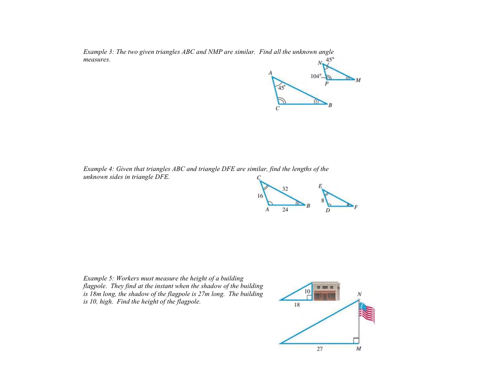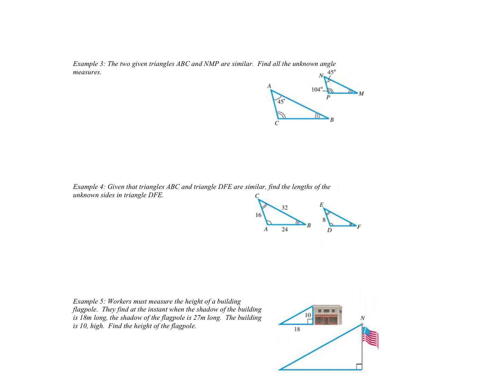So we're going to use what we just read in that purple box on the previous page to answer these questions. It says, given that triangles ABC and NMP are similar, find all the unknown angle measures. If this angle right here has one line and it's 45, then N and A correspond to one another, which means that P and C correspond, so this is 104 degrees.